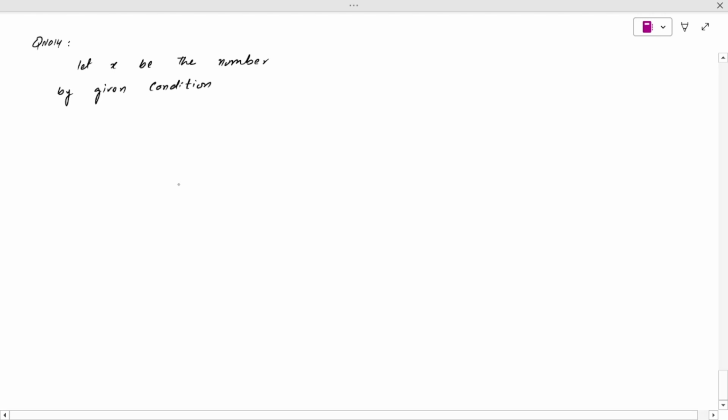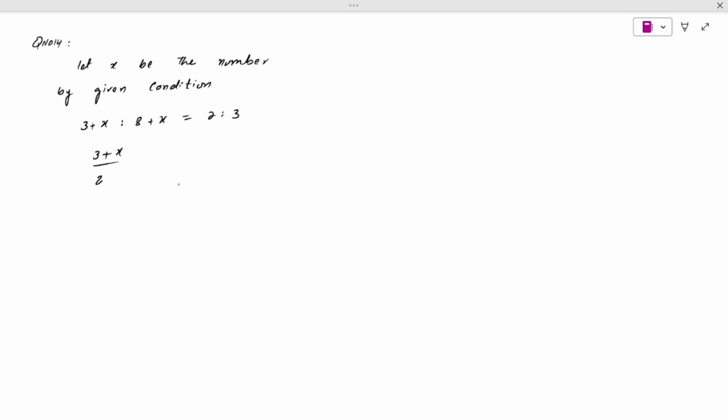So by the given condition, (3 plus x) : (8 plus x) equals 2:3. It means that (3 plus x) divided by (8 plus x) is equal to 2 over 3.